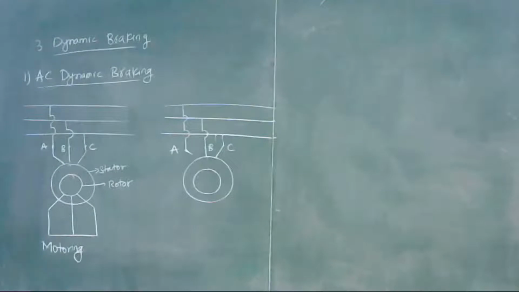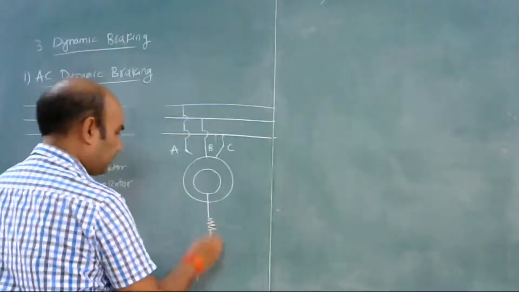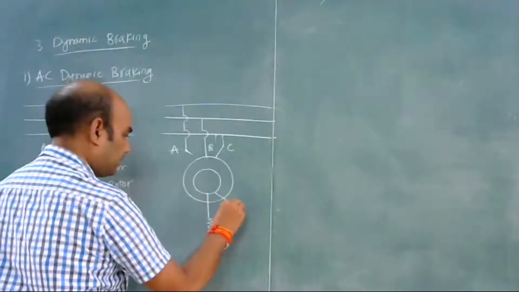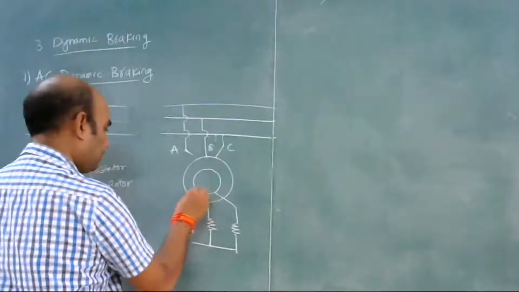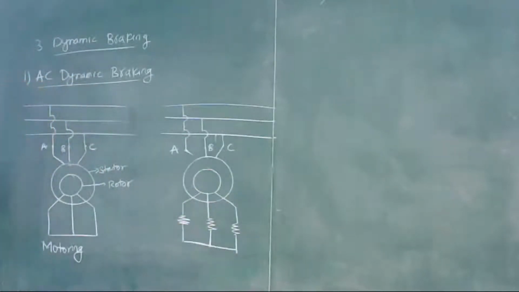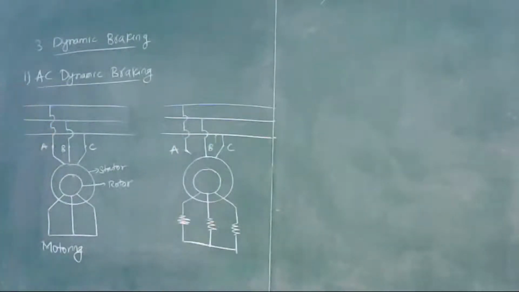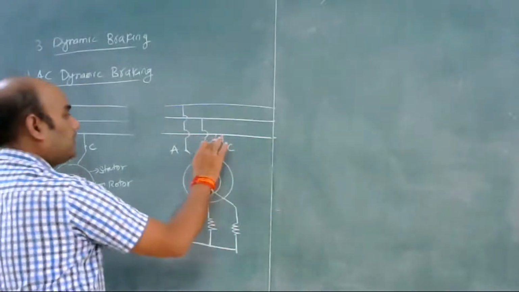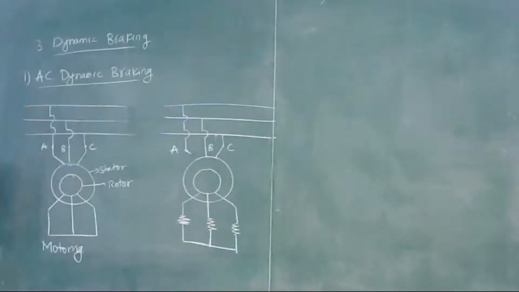Through slip rings we now insert some external resistance. So this is the case. Here phase A is open circuited and phase B and phase C are connected to the stator of the induction motor.